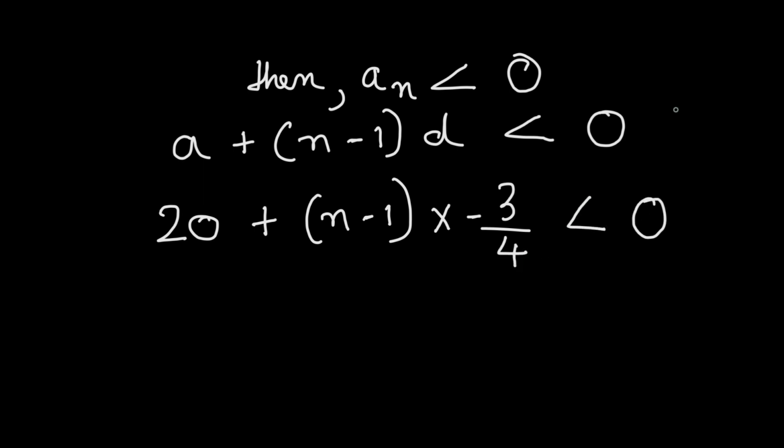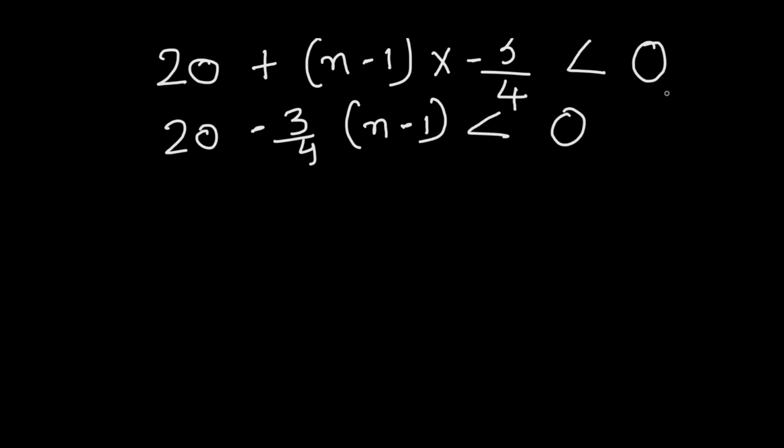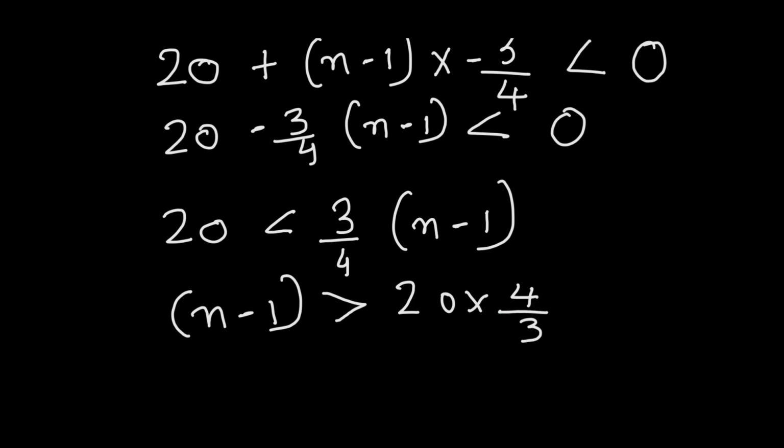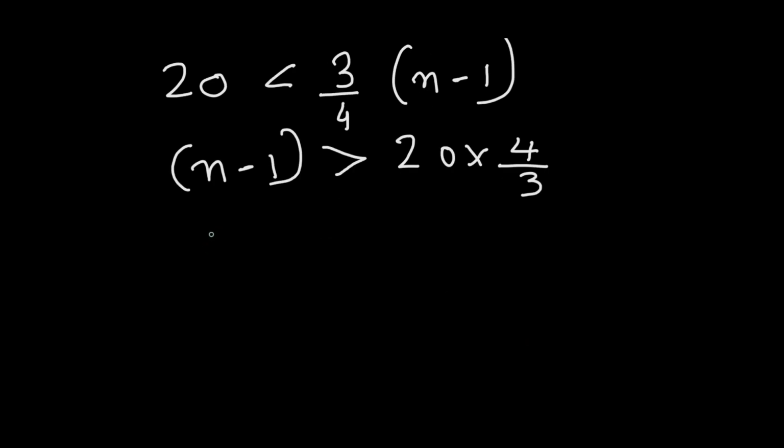So 20 minus 3 by 4 into n minus 1 less than 0. 20 less than 3 by 4 into n minus 1. So if we calculate n minus 1, 20 into 4 by 3. So here n minus 1 greater than 80 by 3.